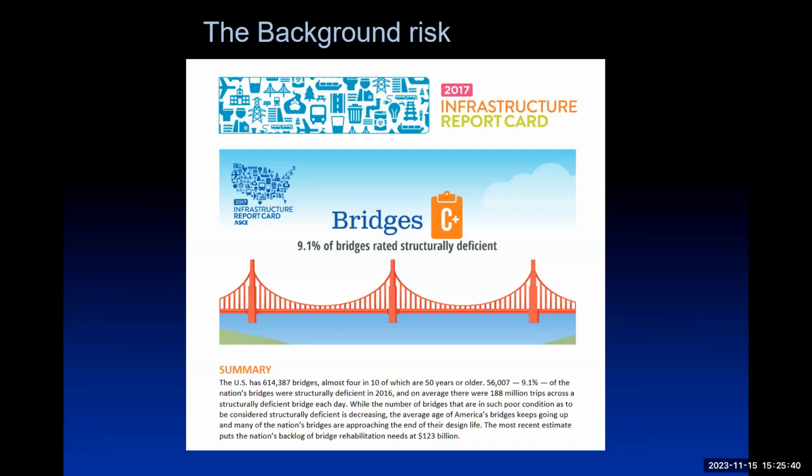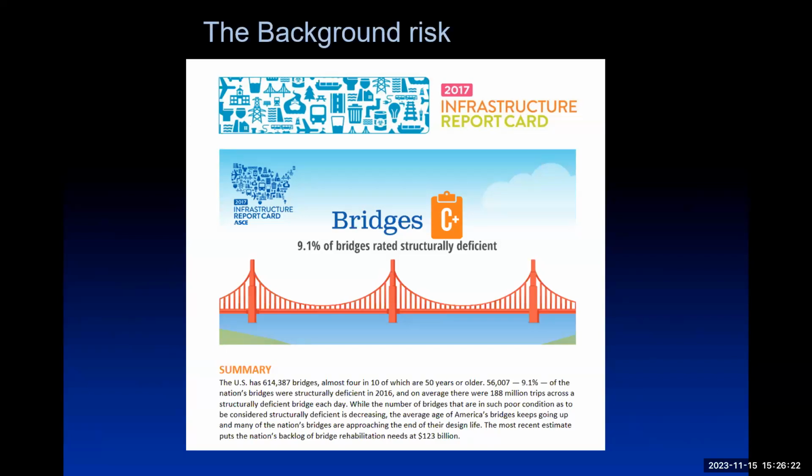Now, structurally deficient was actually defined as being not up to date with the codes of practice as they are now. Well, of course, if they were built 50 years ago, a lot has happened in that time. So structurally deficient actually said they aren't built according to our current day codes of practice. They were okay when they were built, but they're structurally deficient because they do not have the same sort of safeguards that they would have if built now.